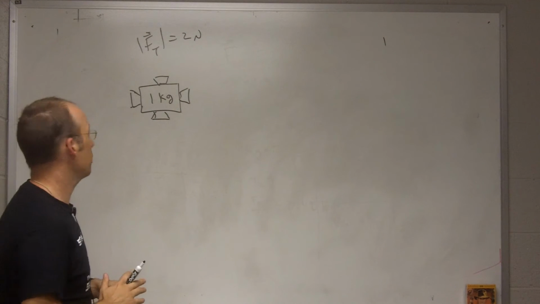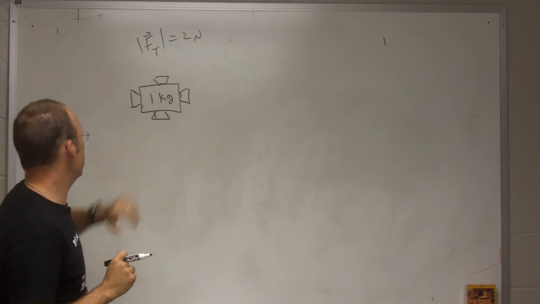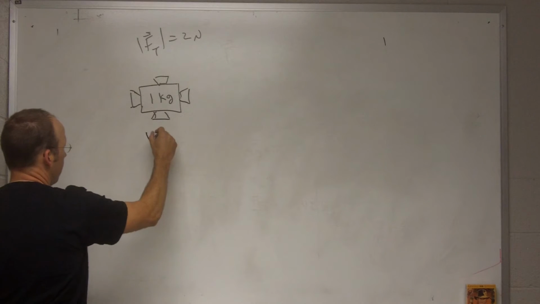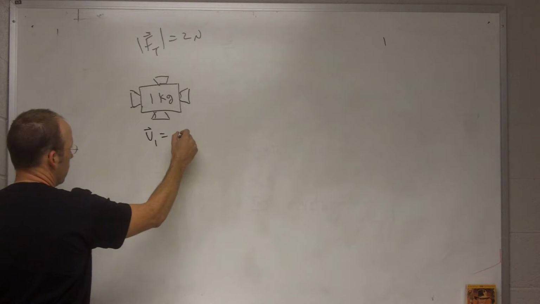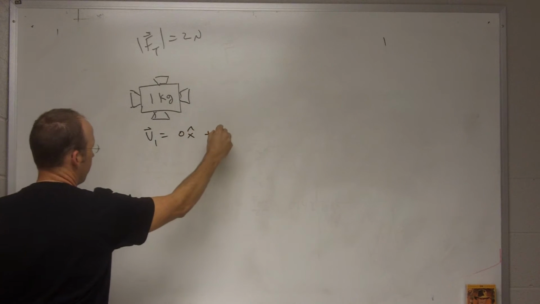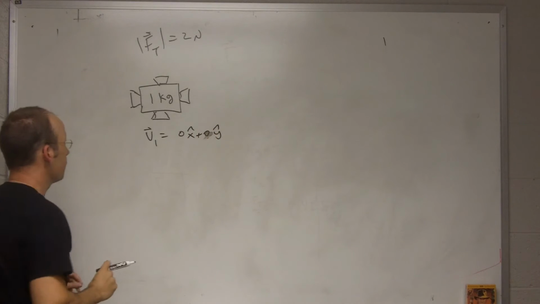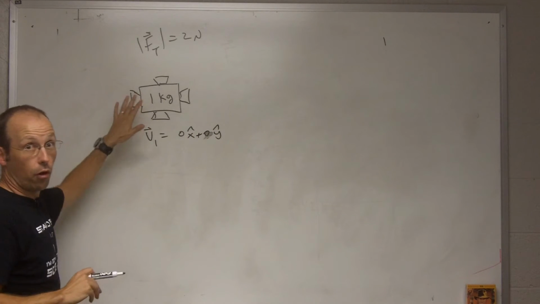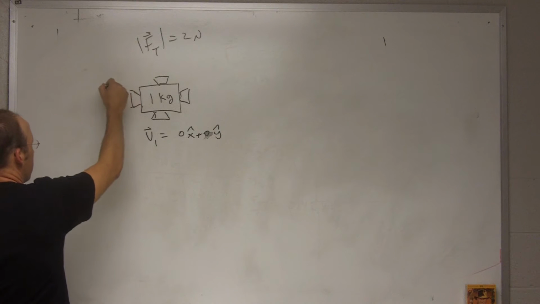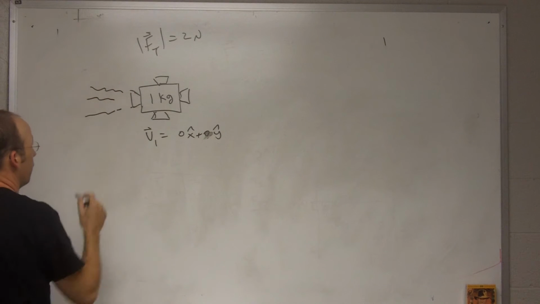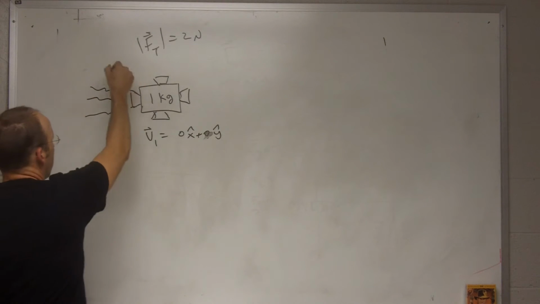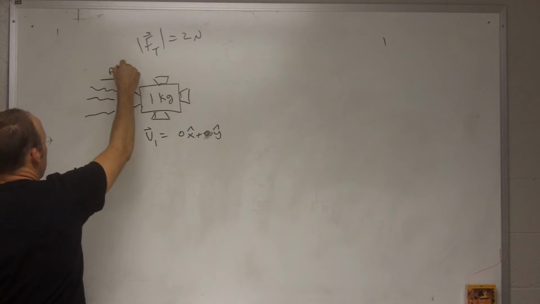Made it up. Okay. So suppose this is sitting here at rest, so that v1 equals 0 x hat plus 0 y hat. And now this little robot fires its rocket. So it has a thrust, a force this way, Ft.